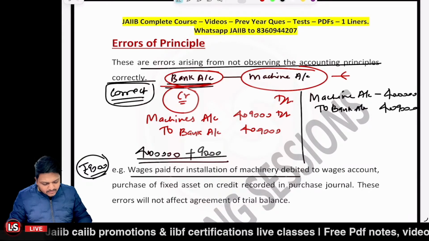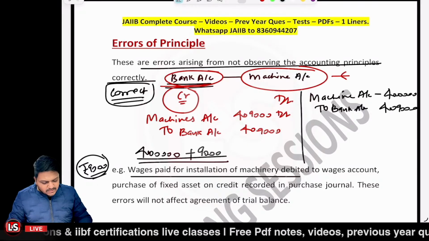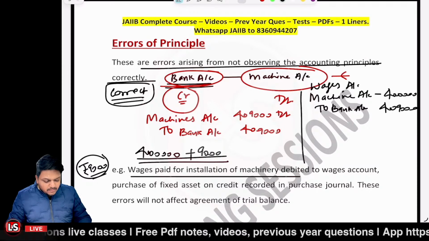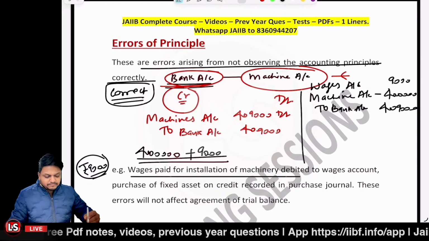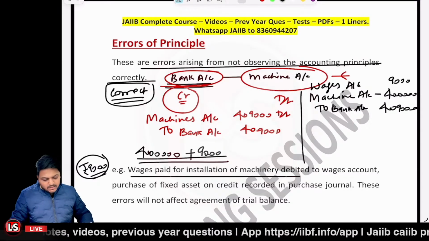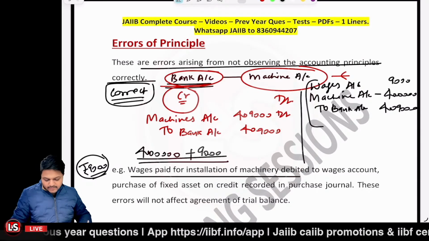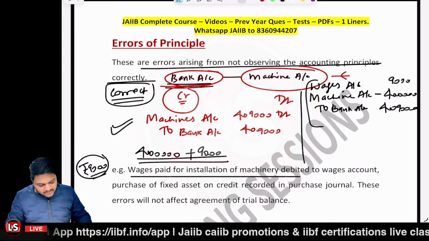And further, we debited the wages account, because we said that we have paid the wages of rupees 9,000 for the installation purposes. We recorded it under the wages account as an expense. So this entry we posted, whereas the entry which was to be posted was the other entry. This is the correct entry, but this is the wrong entry.